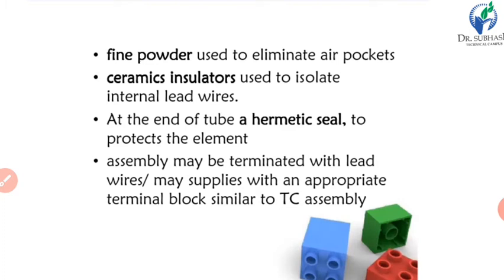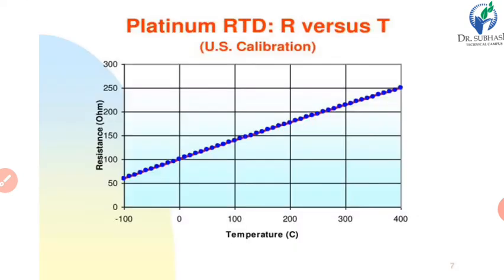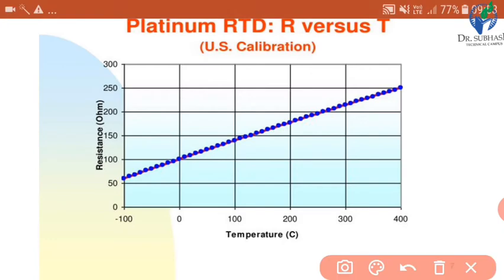So this is the construction of RTDs. Now here we can see the graph between resistance versus temperature. This is for the platinum RTD, and we know that platinum is a standard, very good, most suitable material for an RTD.